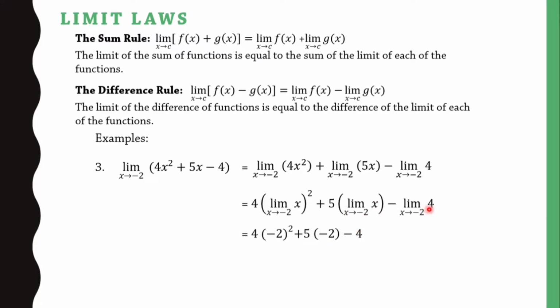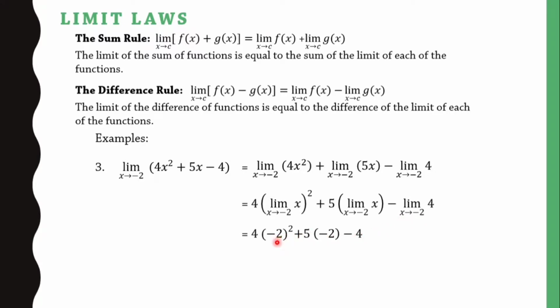Minus the limit of 4 as x approaches negative 2 using the constant rule, that is 4. So we have 4 times the answer here, which is negative 2 squared, plus 5 times the answer here, which is negative 2, minus the limit here, which is 4.